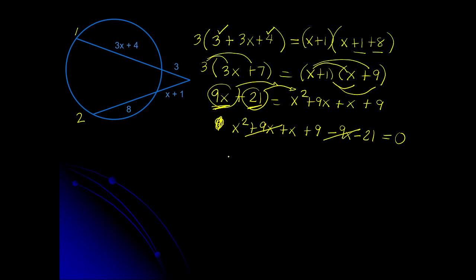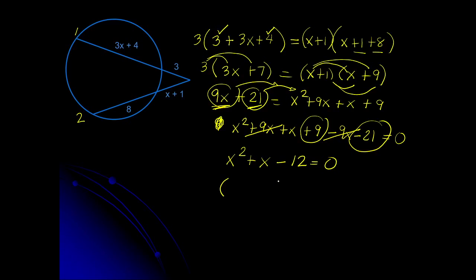So what is left here is x squared plus x. How much is positive 9 minus 21? Negative 12. Let's do factoring.